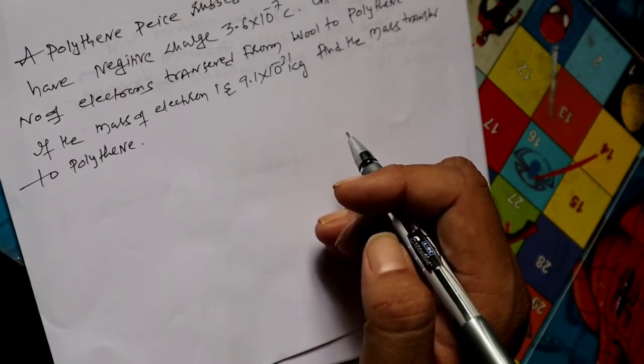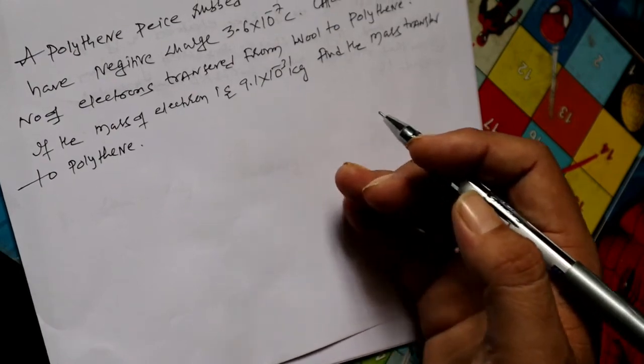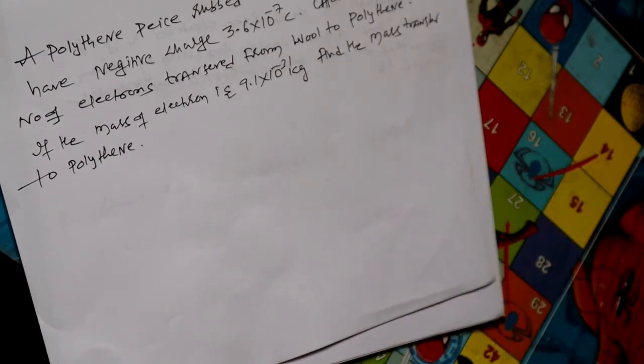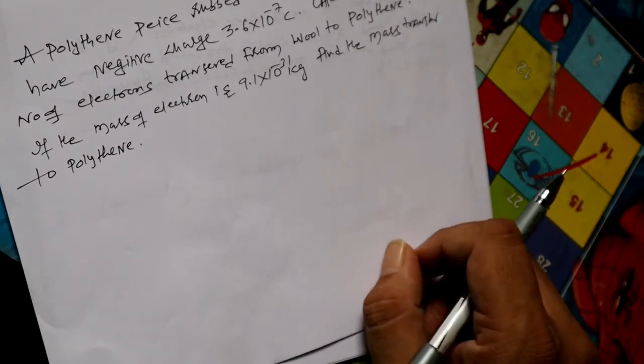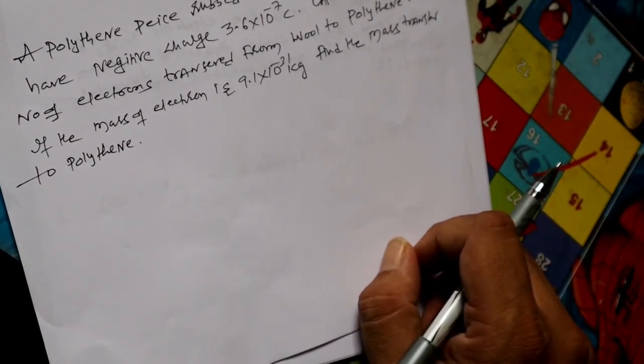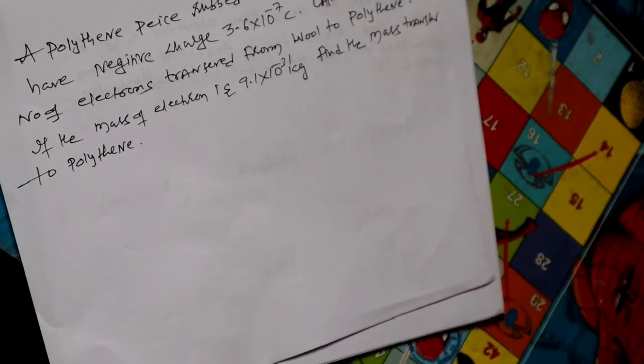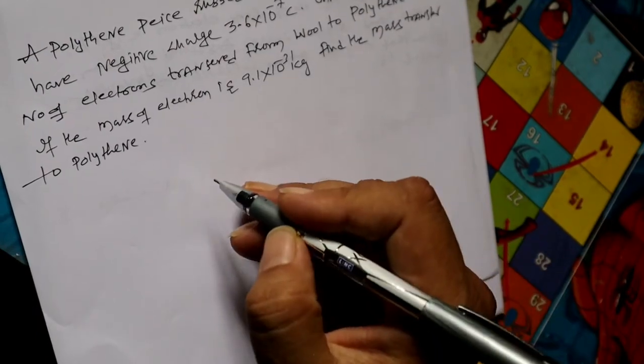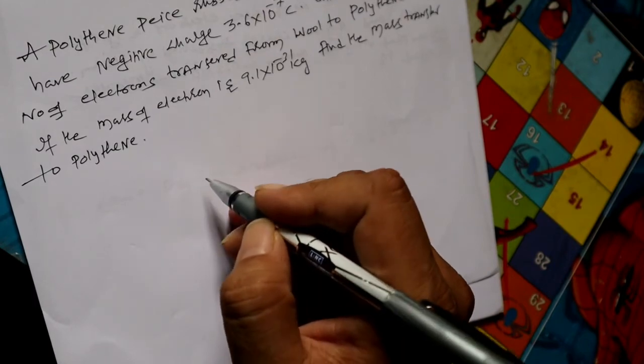I already told you, whenever two bodies are rubbed together, definitely there is a transfer of mass, so that the body which gains electrons has more mass, and the body which loses electrons has less mass. So how can we do this problem?